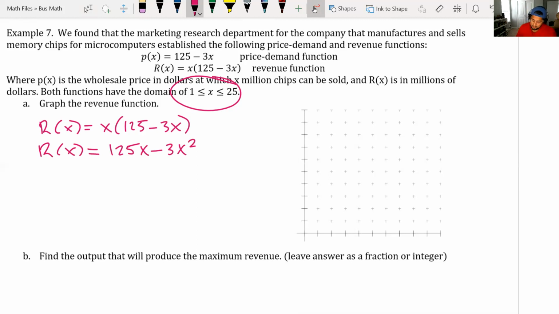Okay, then let's just make an XY chart. Use a different color. And pick the X values it's telling us. 1. And if we're going to go to 25, let's go by 5s. 5, 10, 15, 20, 25.